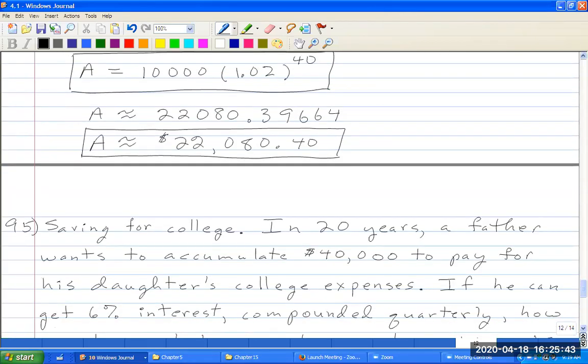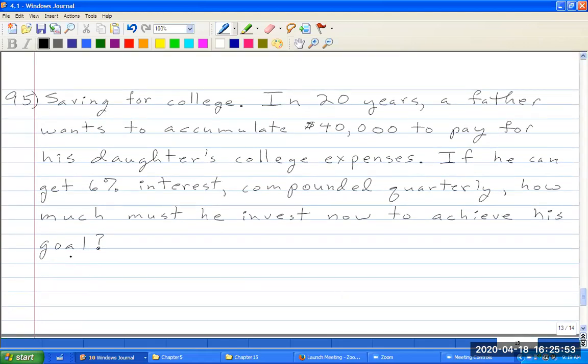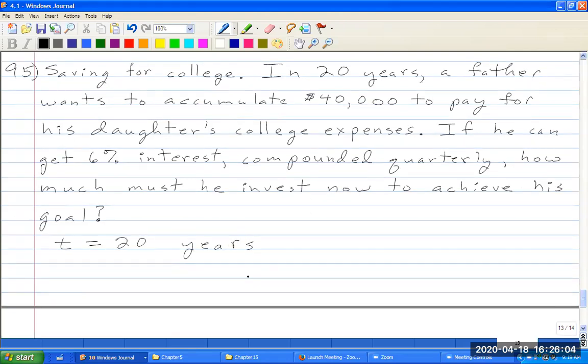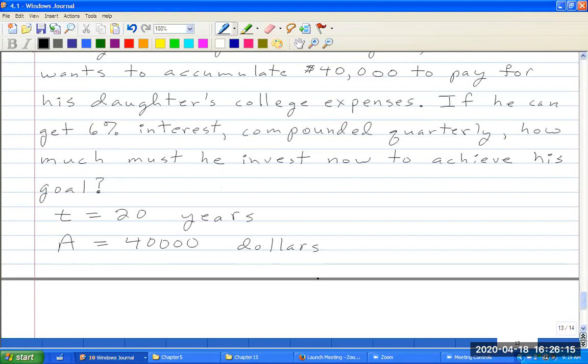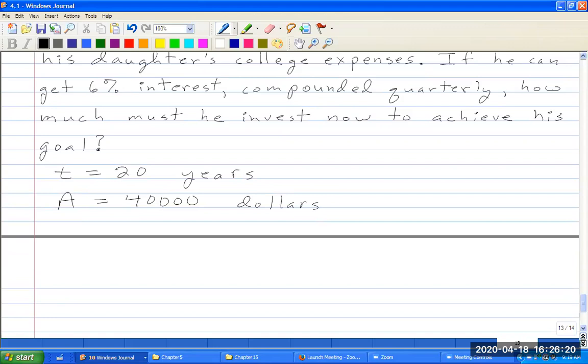Let me do problem number 95. Saving for college. In 20 years, a father wants to accumulate $40,000 to pay for his daughter's college expenses.